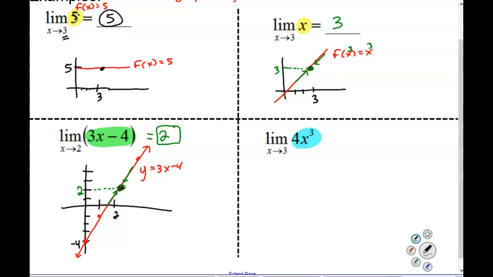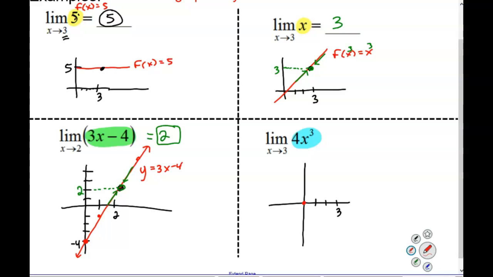So let's think about 4x to the third. Now we're going to make a graph for this one as well. And I want to go out for sure to x equals 3. But I think this graph is going to be pretty large. Well, let's think about this just in terms of what if I graph 4x to the third and I start with 0. If I have 0 in here, 0 to the third power times 4 is 0.